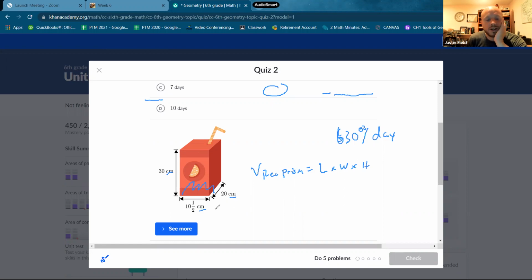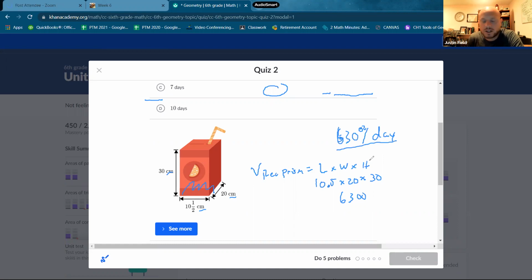The length would be the 10.5. So I'm going to change that to 10.5. The width is 20. The height of this prism is 30. We're going to multiply those numbers together. Go ahead and do that for yourself. Don't rely on me. Well, I get 6,300.